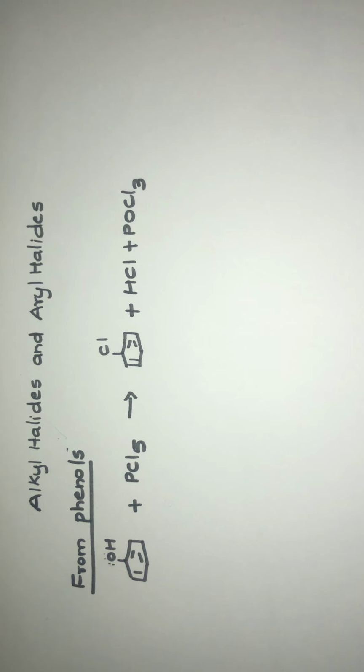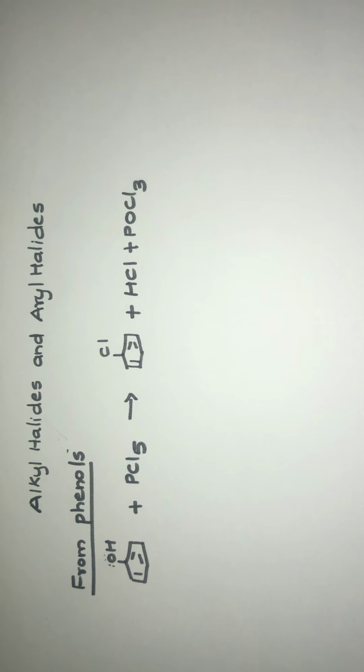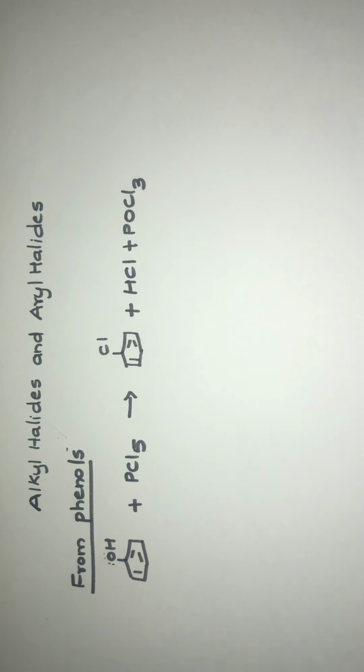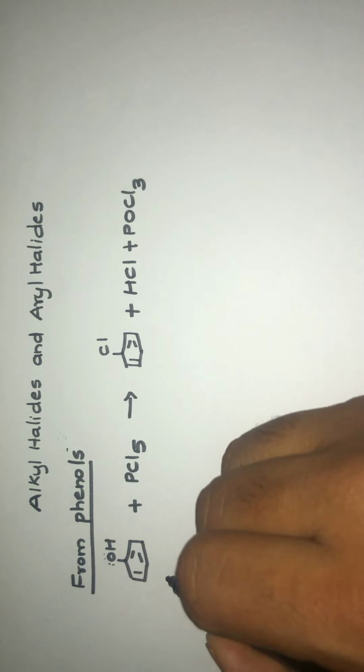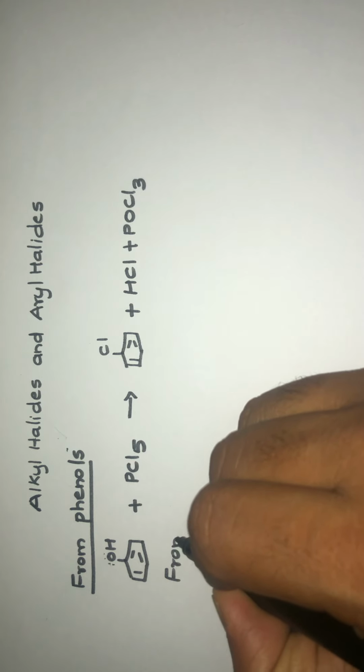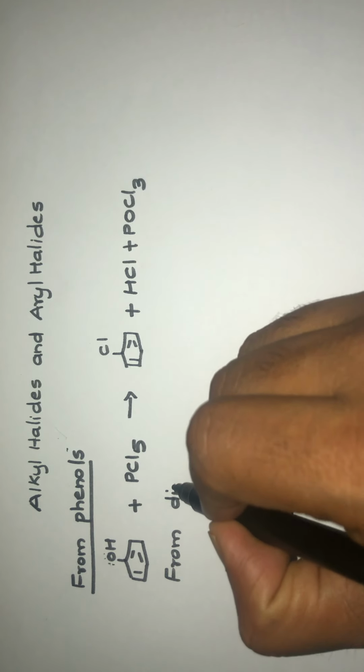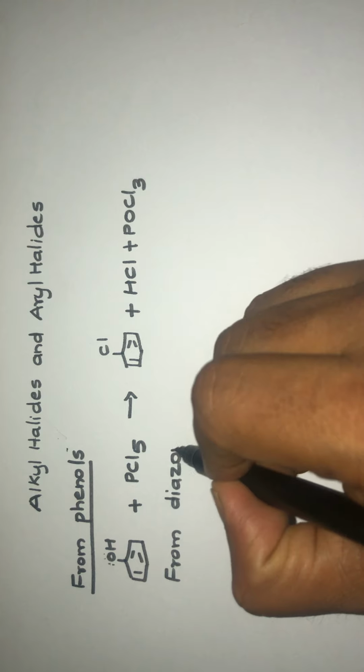Another important method of preparation of these haloarenes is from diazonium salts.